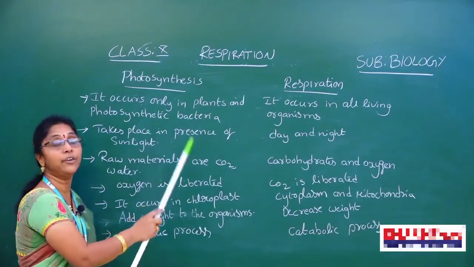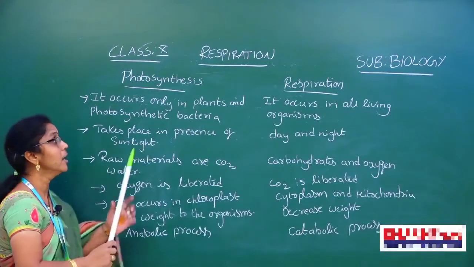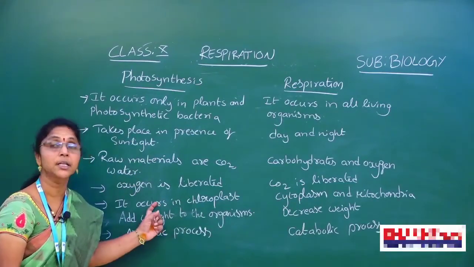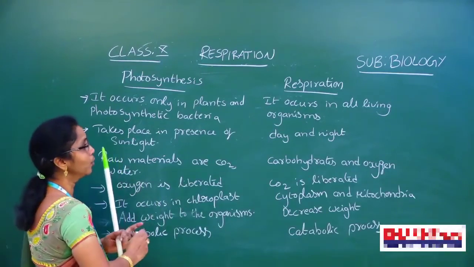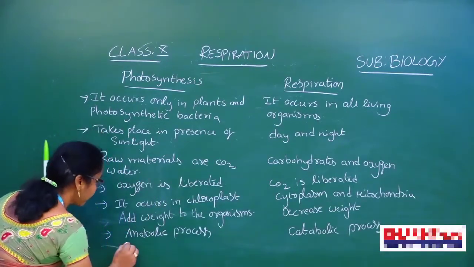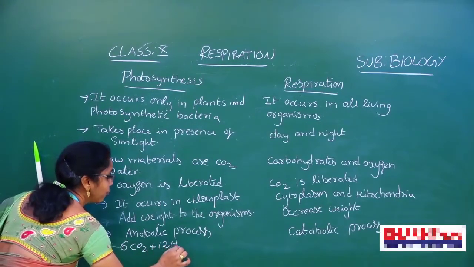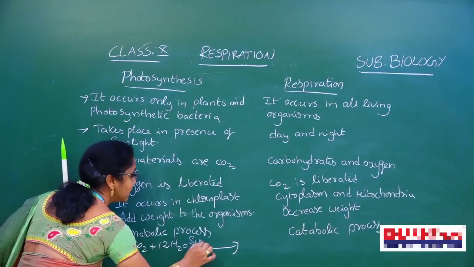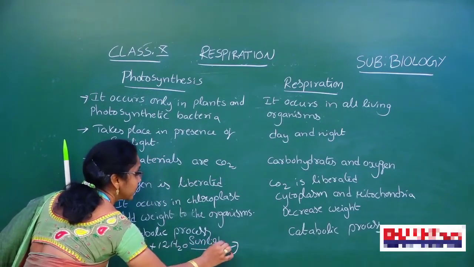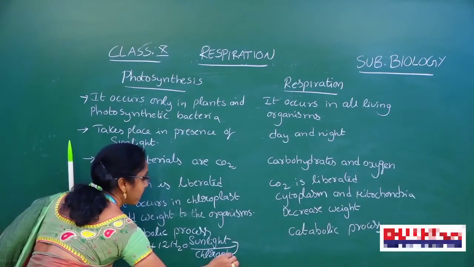Finally, we can see the equation of photosynthesis and respiration here. What is the equation of photosynthesis? 6CO2 plus 12H2O in the presence of sunlight and chlorophyll.